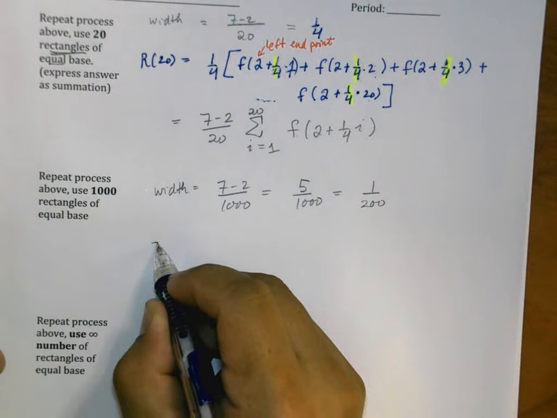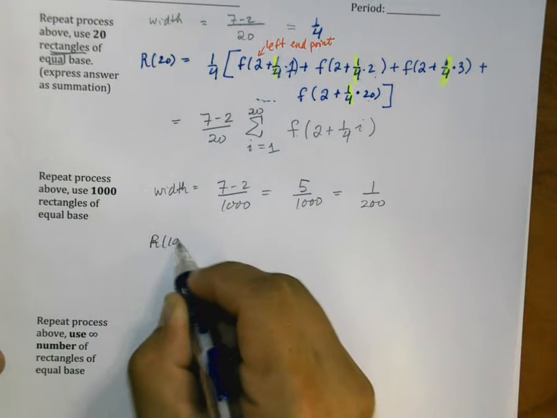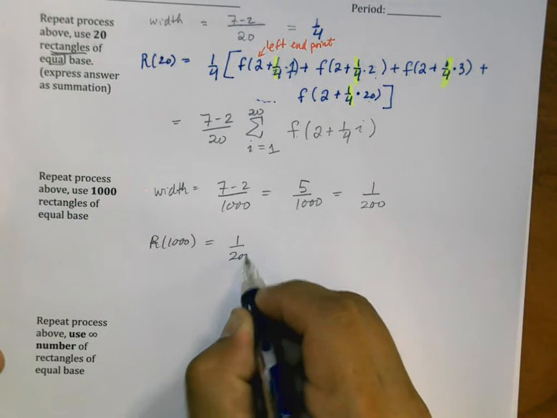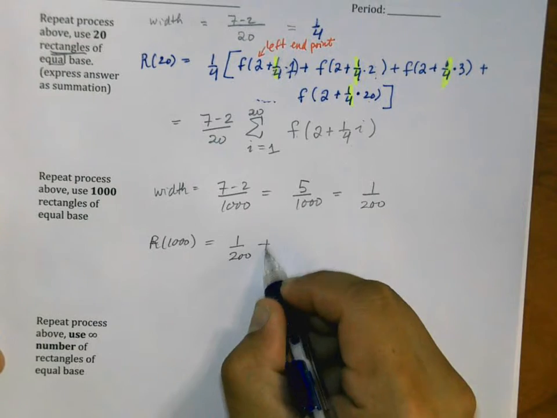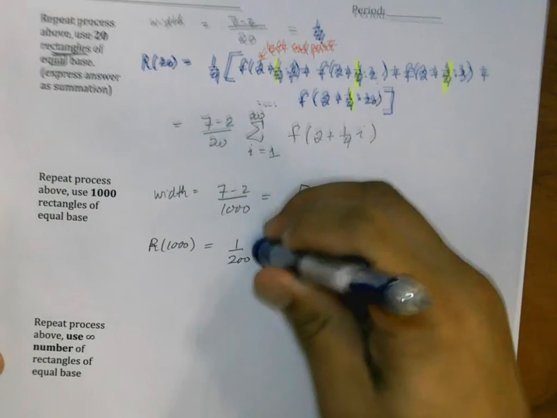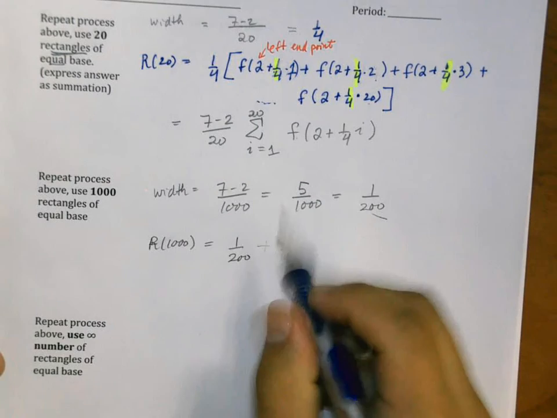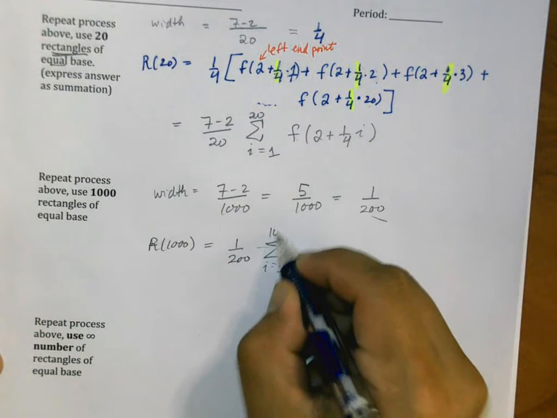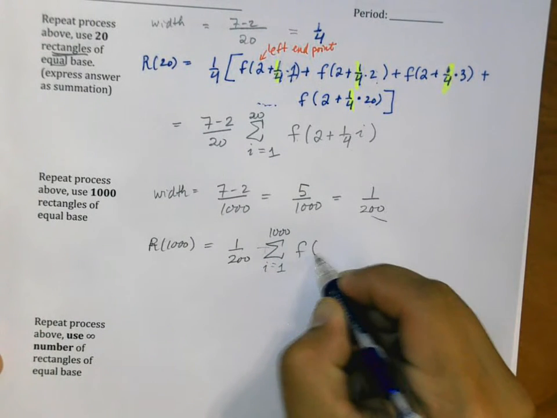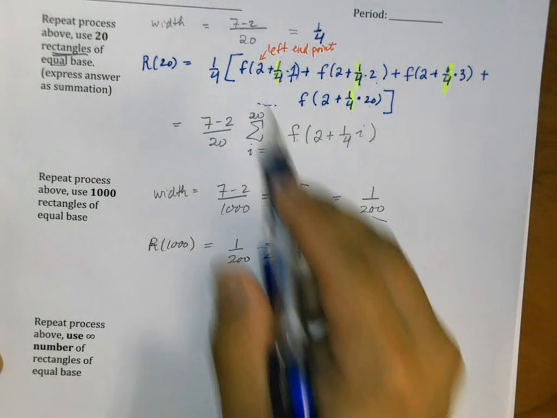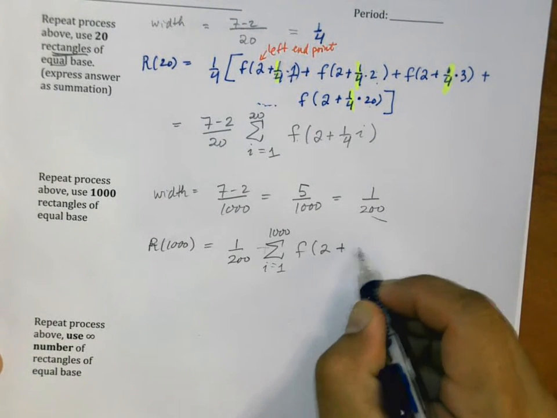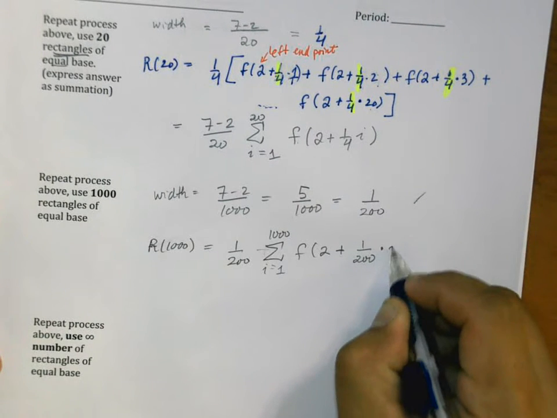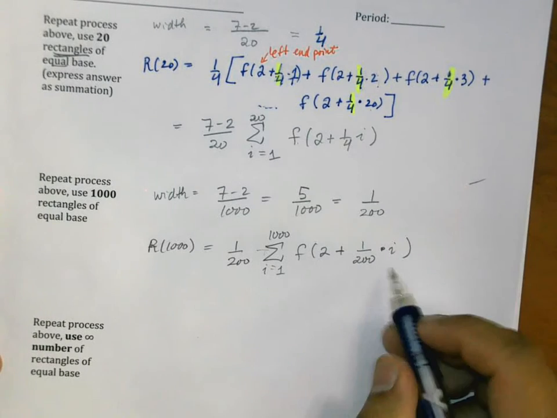So this total answer R of 1,000 is going to be 1 over 200 times the sum from i equals 1 to 1,000 of f of 2, because 2 here is our left endpoint, plus 1 over 200 times i, okay, where i is our iterator.